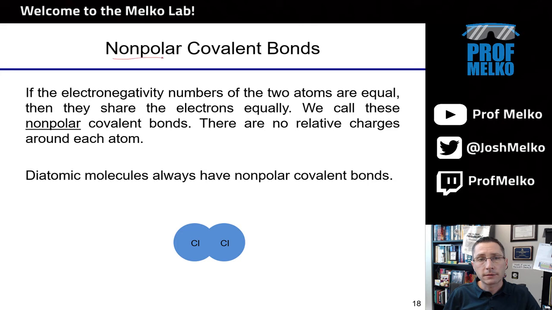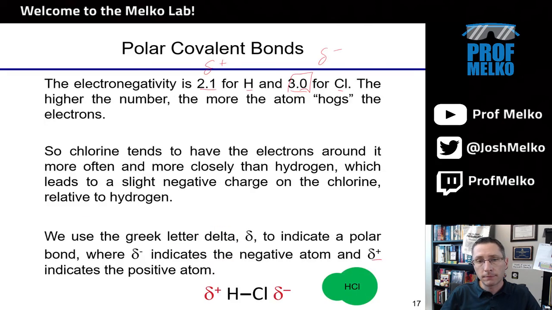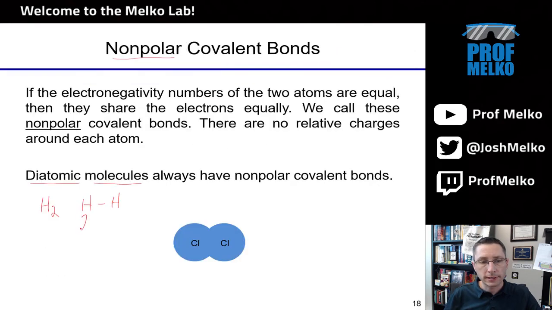Nonpolar covalent bonds will form if the two atoms have the same electronegativity value. This will always be the case in a homonuclear, same nucleus, diatomic. Basically, when the same atom, like H2, is bound to itself, that is a covalent bond because these are both nonmetals, but it's nonpolar because both have the same 2.1 electronegativity value.